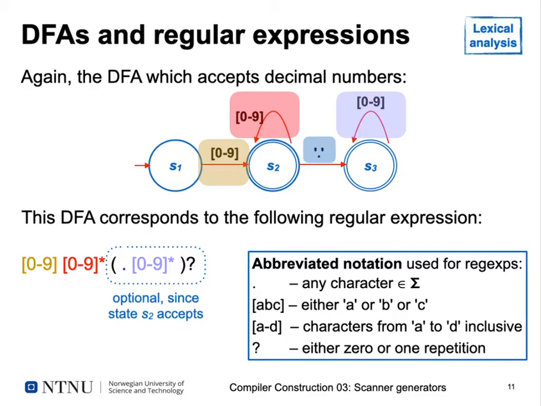Is it actually a character of your input character sequence, or is it a character which has special meaning for constructing regular expressions? You've seen here the square brackets are special because they indicate a range, like here. And you can also just write A, B, C if you have single instances of characters inside square brackets. The star has a special meaning because it indicates our Kleene closure. The question mark and the round brackets have special meanings.